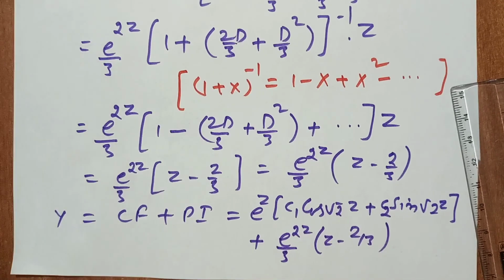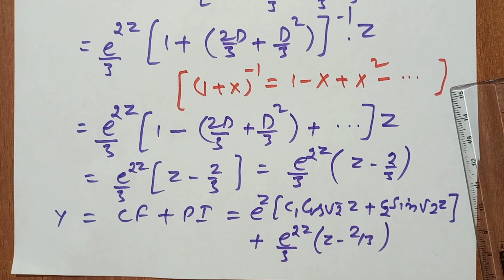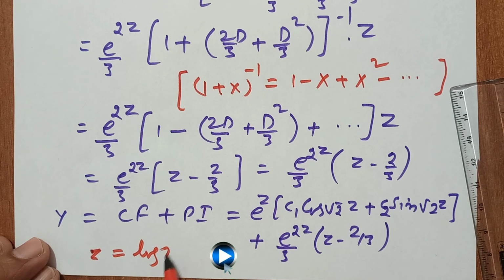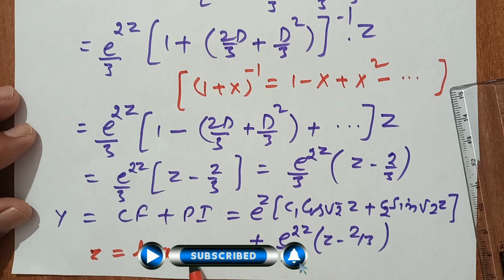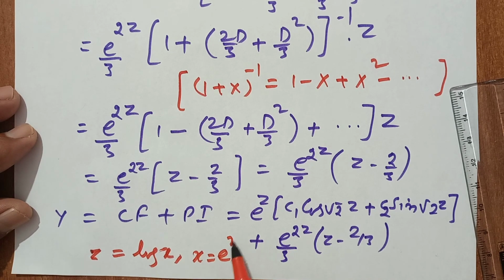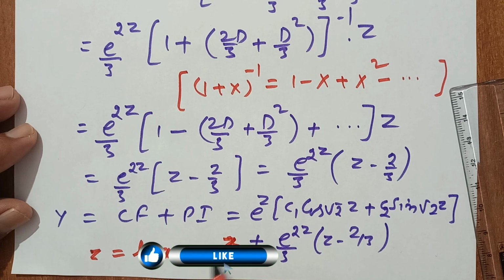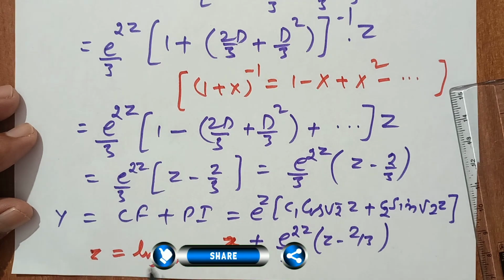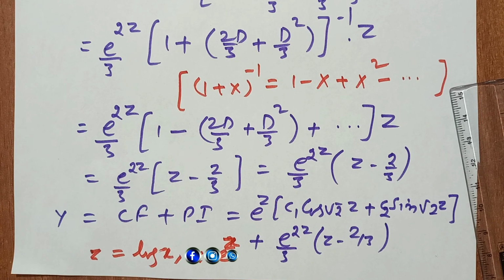Now substituting the value of z: by putting z = log x and e^z = x, so x = e^z and z = log x. Now by substituting this value, this is the answer.